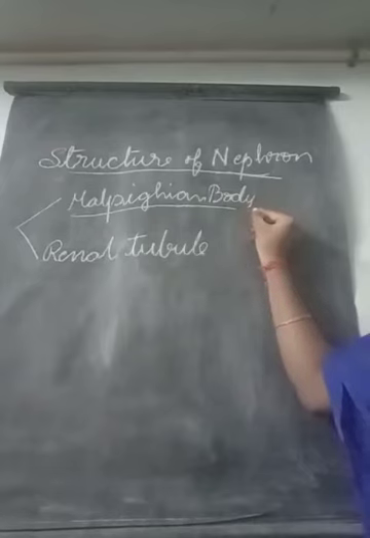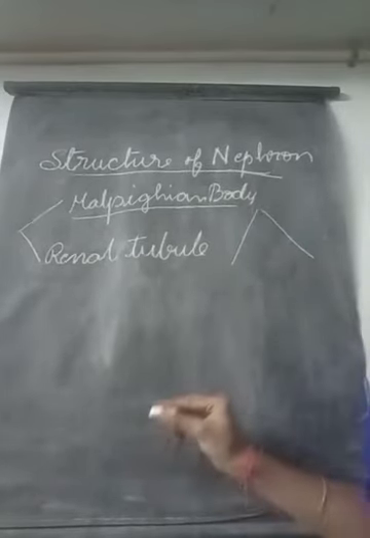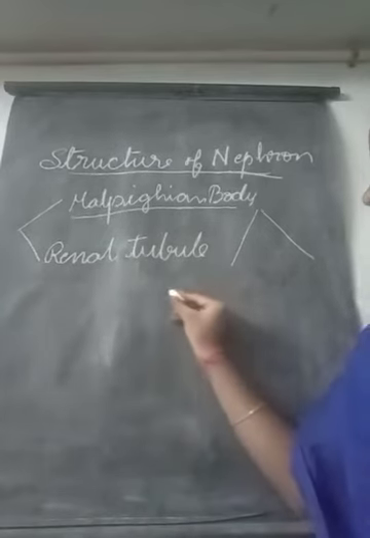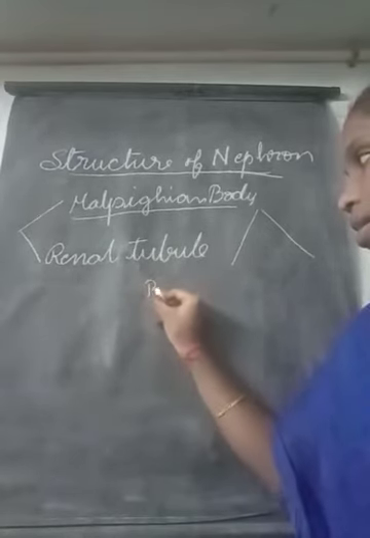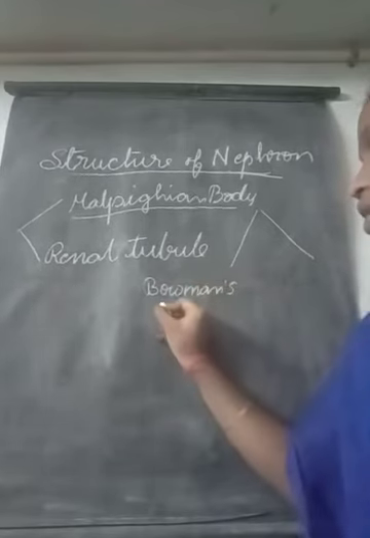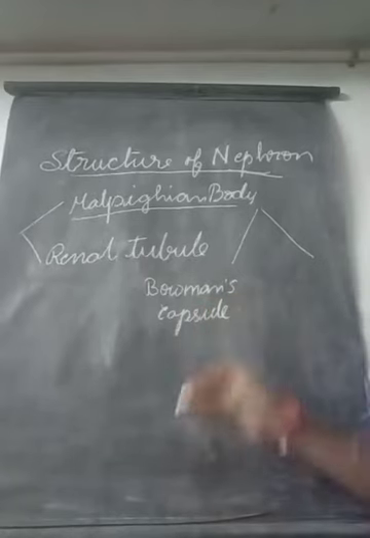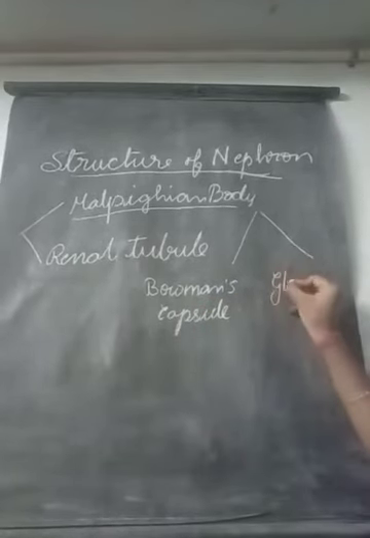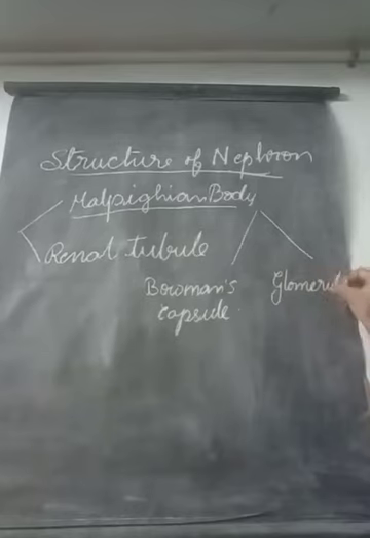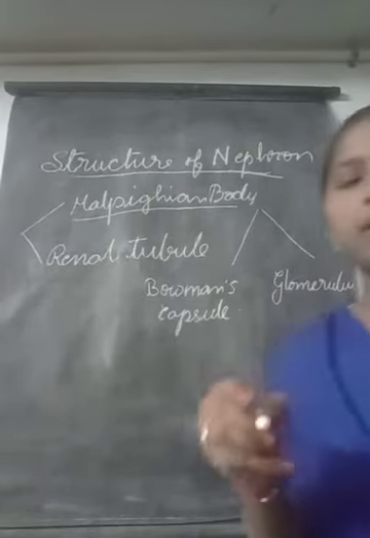The Malpighian body is made up of two parts. What are those two parts? One is Bowman's capsule, a cup-shaped structure, and the other part is called glomerulus.